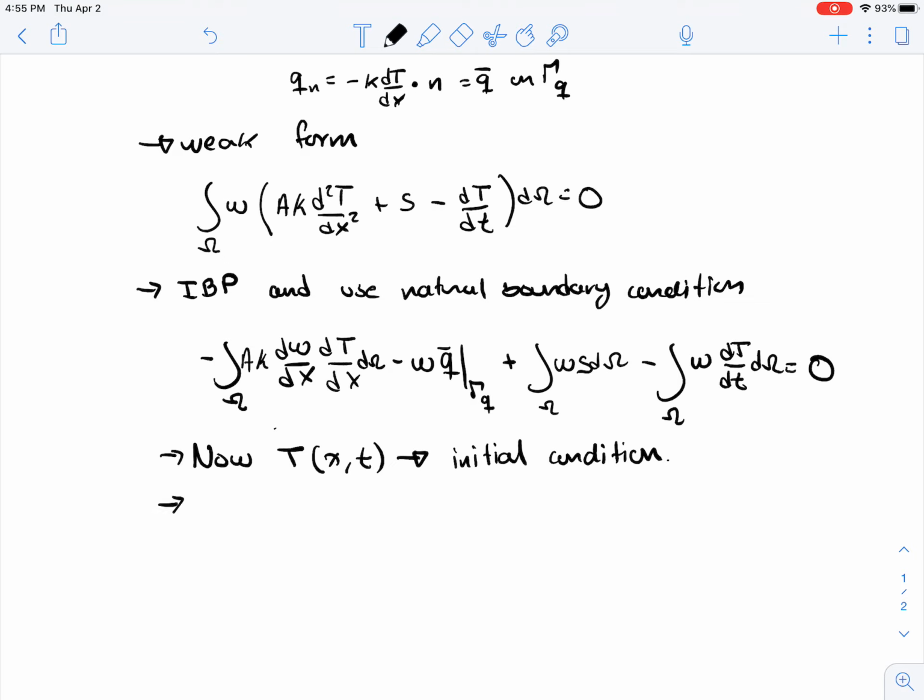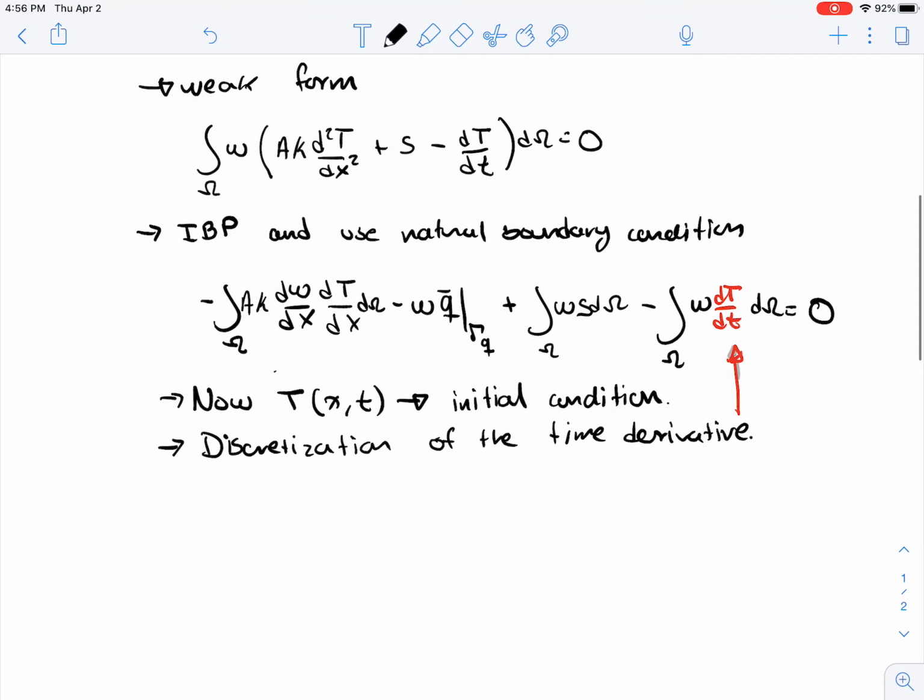In order to do that, I'm gonna introduce now not only an initial condition, but also a discretization of the time derivative. So this dT/dt, let me put it in red. That one I need to discretize.